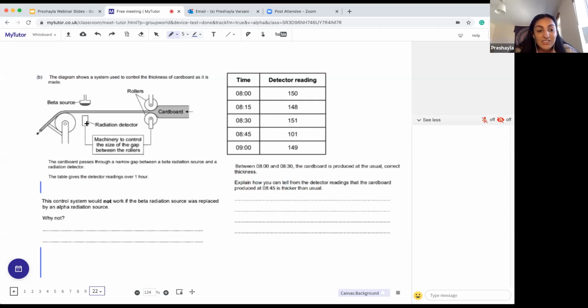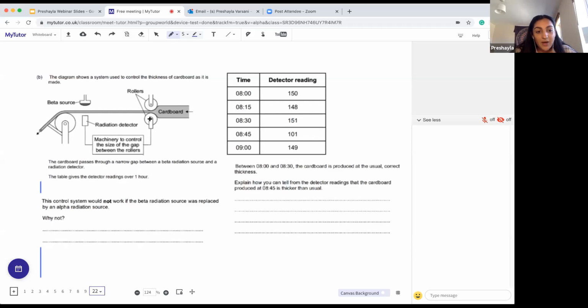We pass these beta particles through our material, and the detector picks up a certain amount of particles. If it gets the correct amount, we know that the thickness is good and the cardboard can be passed through. However, if we are not getting enough particles through, we know that the thickness must be too high.